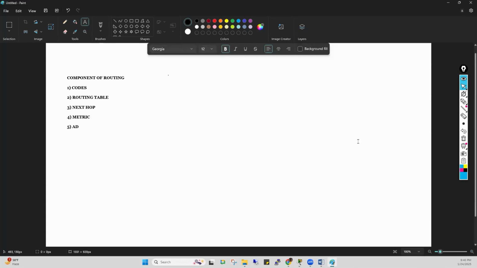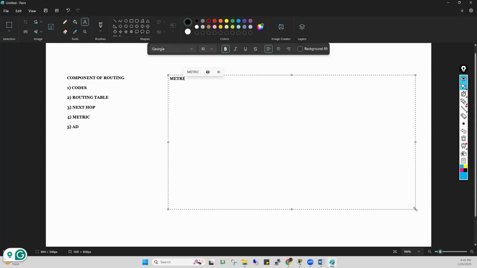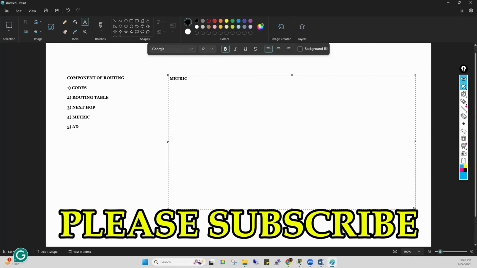Now see, metric. Metric means this is a value used by the routing protocol to determine the best path to reach the destination.